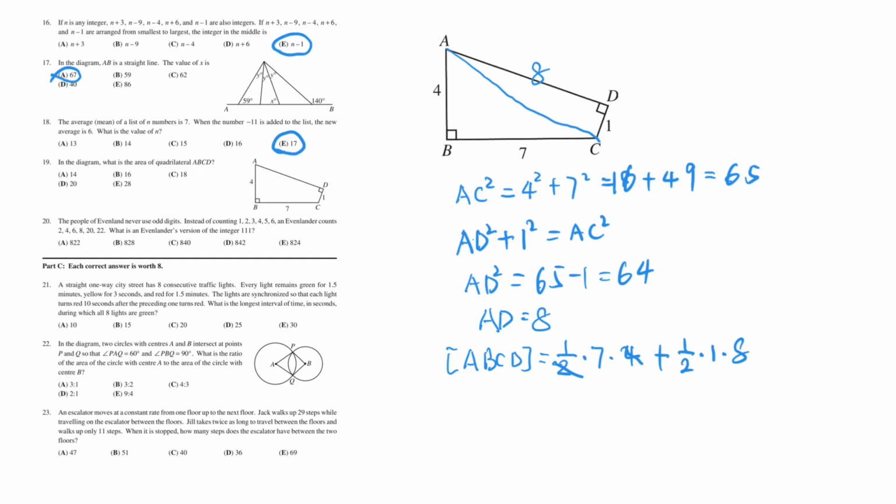The 2 cancels the 2, so that's 14 plus, cancelling the 2, that's 4. 14 plus 4 is 18. So the answer to number 19 is C.